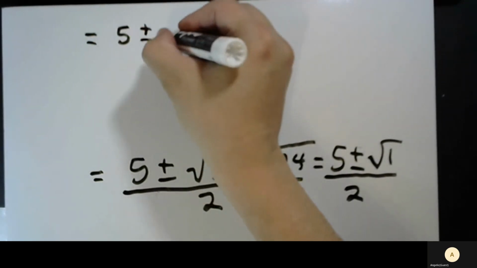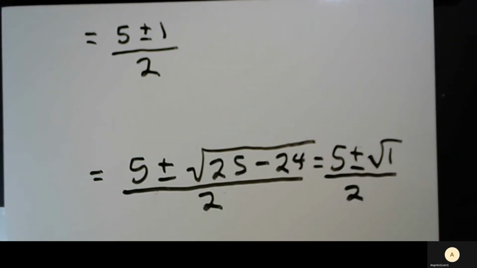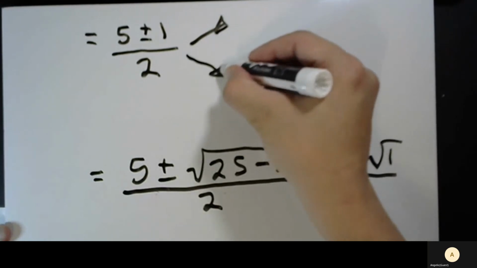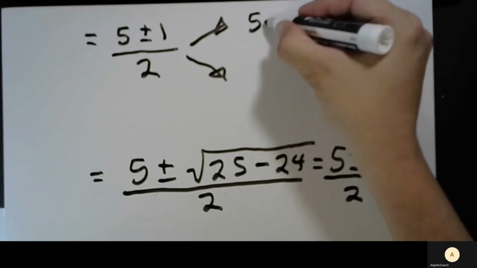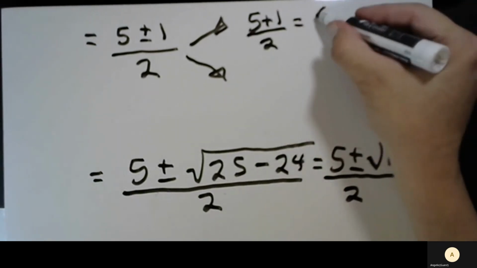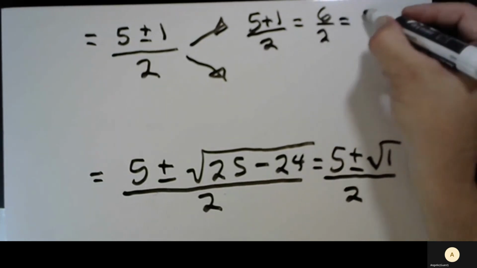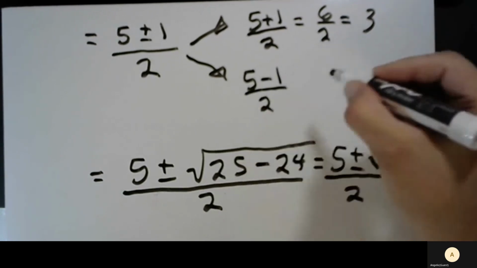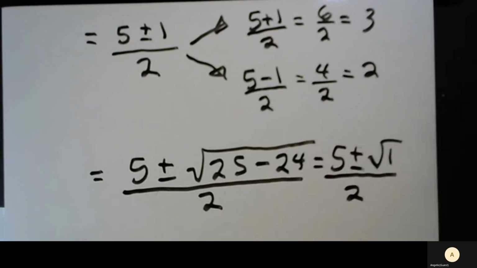And we'll get 5 plus or minus 1 over 2. So that's going to break up into 2 results, when there's a plus and when there's a minus. So for the plus, we'll get 6 over 2, or 3. For the minus, 4 over 2, or 2.